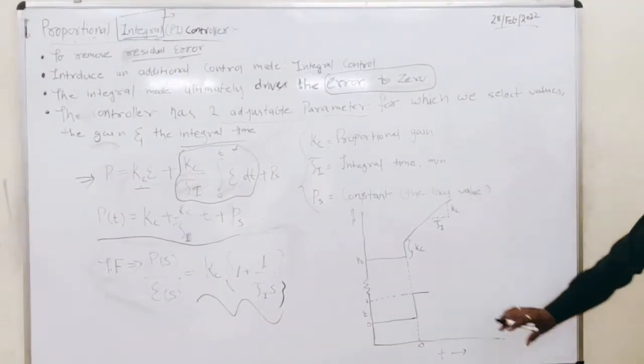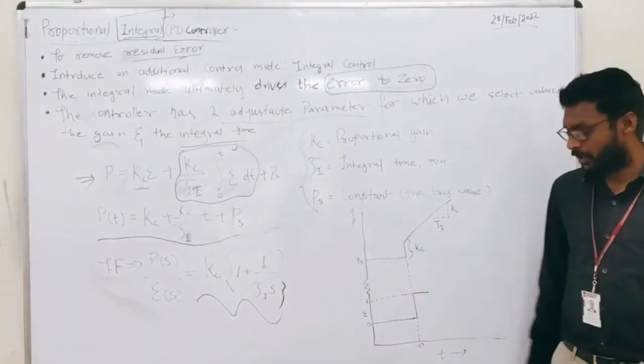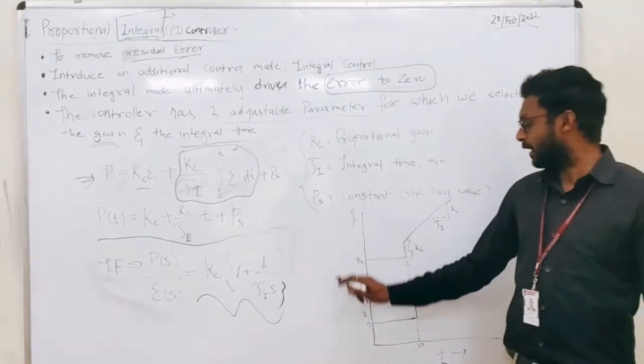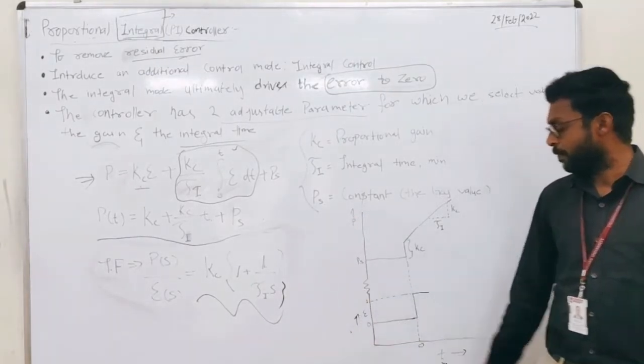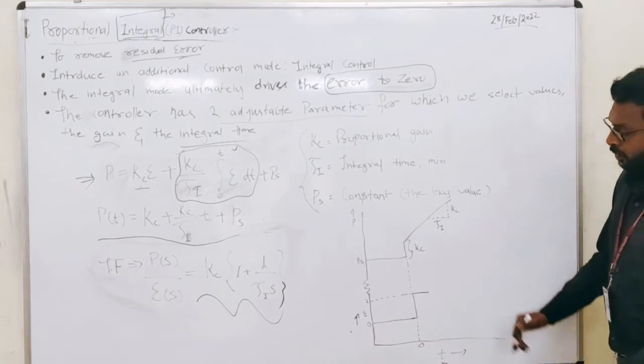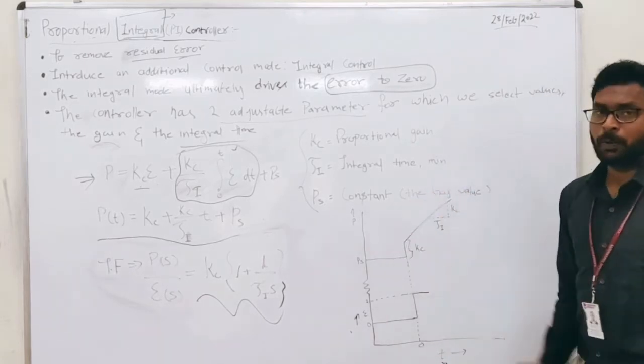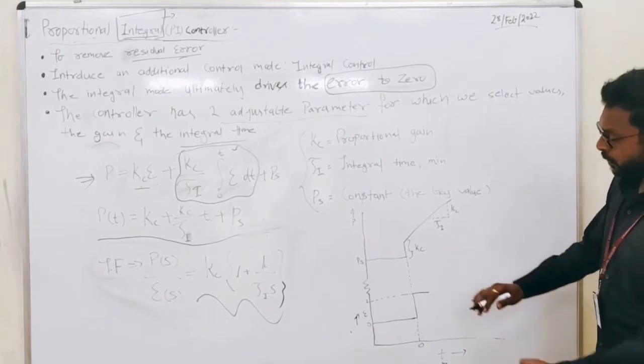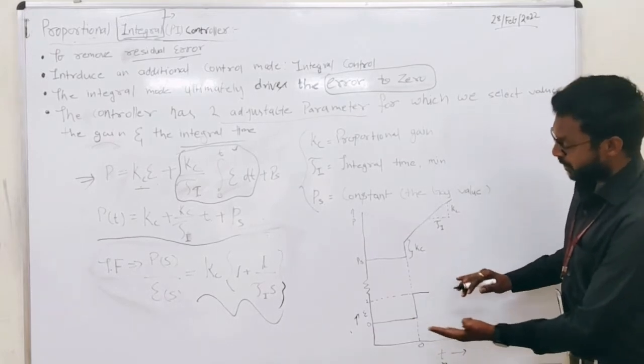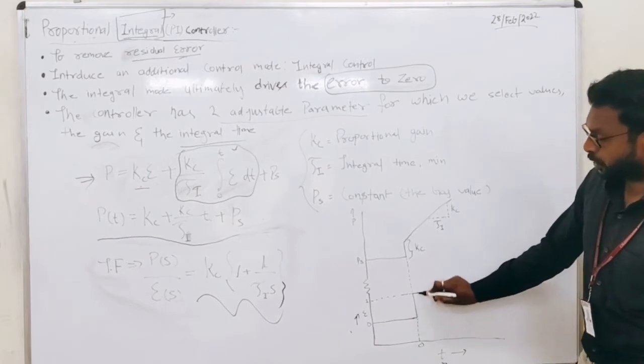As you can see here, we are drawing a graph between t and the error values. We are taking the overall output from the system. First of all, we look into the proportional action, that is removing the error from 0 to 1.